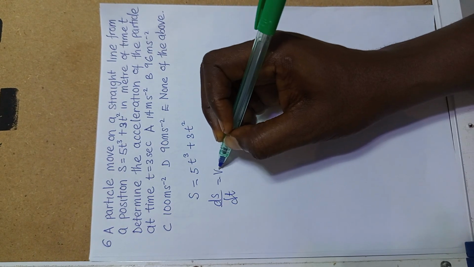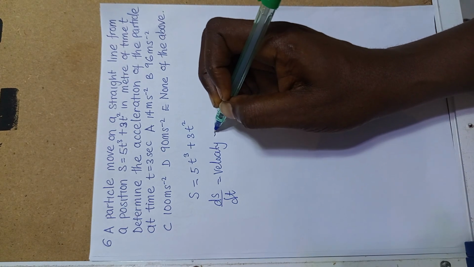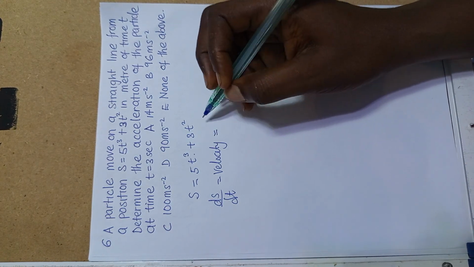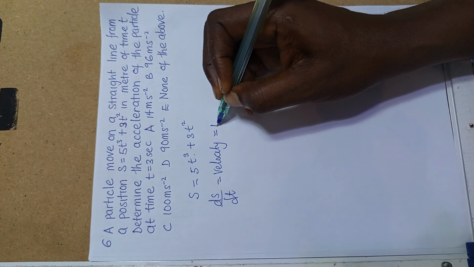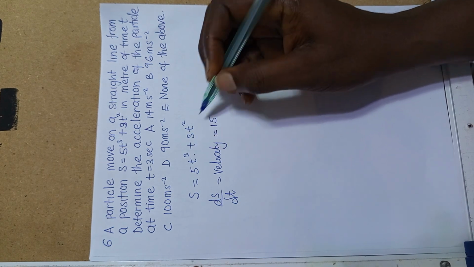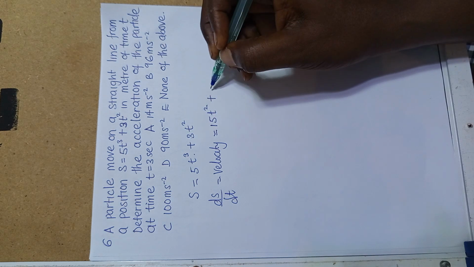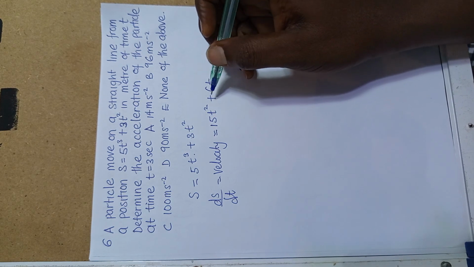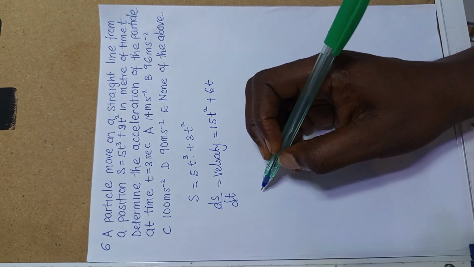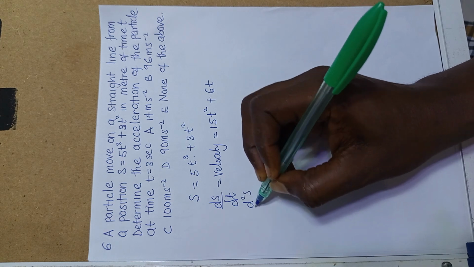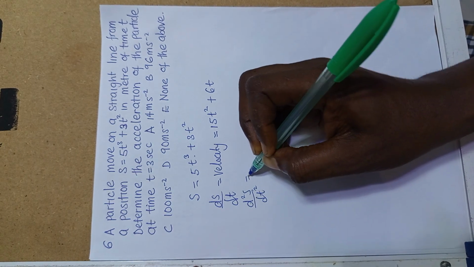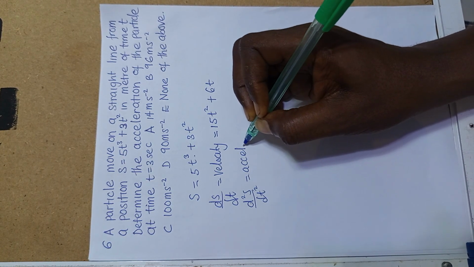If you differentiate, what you get is velocity, the first derivative. So we have 3 times 5 is 15, remove 1 from the power, we have t square, plus 2 times 3 is 6t. Now that is velocity. Then the second derivative, d squared s over dt squared, gives us the acceleration.